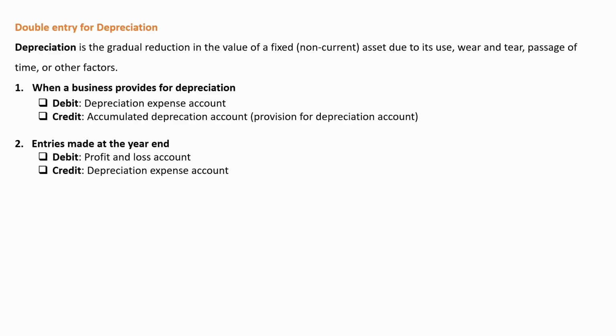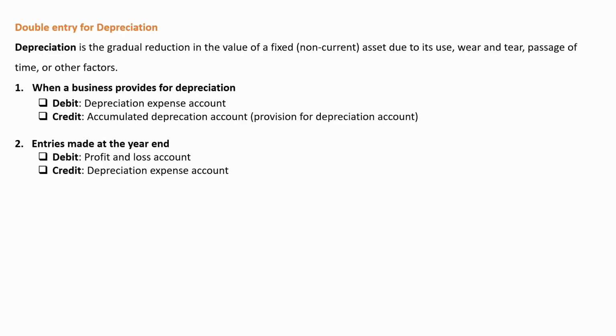So when a business provides for depreciation, these are the entries you are supposed to make. Debit depreciation expense account, credit accumulated depreciation account, which is also known as provision for depreciation account. Those are the primary entries. For the depreciation expense account, we normally record it for 1 year.